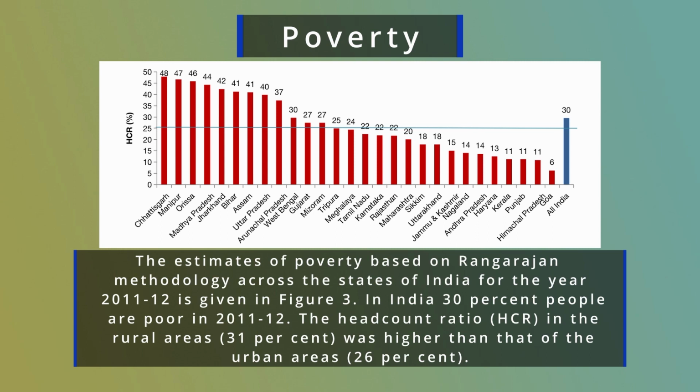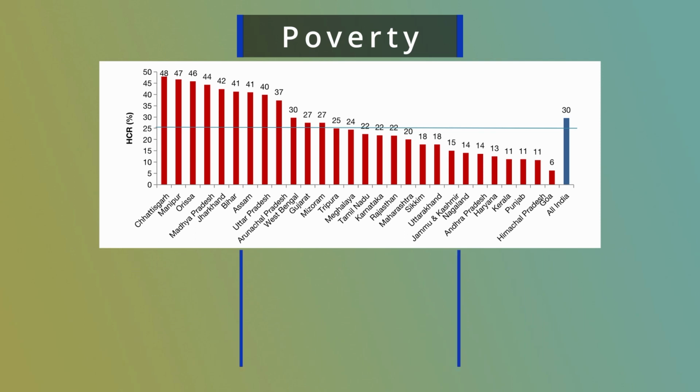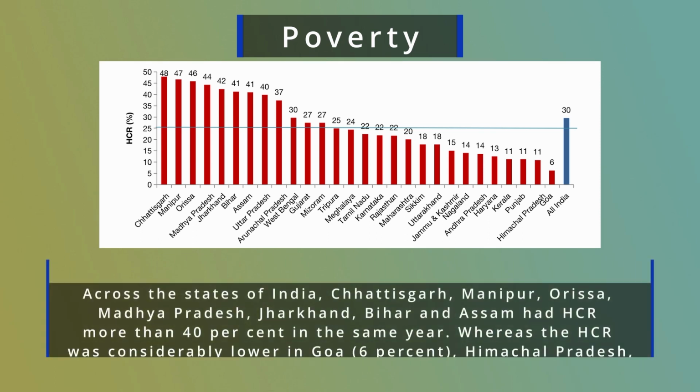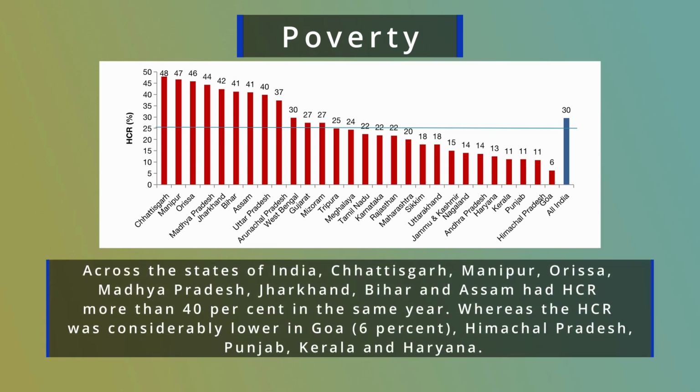total people. This percentage of the poor people to total people was very high, we can say, in case of Chhattisgarh, where the share was 48%. In case of Manipur, the share was 47%. In case of Odisha, it was 46%. In case of Madhya Pradesh, it is 44%.